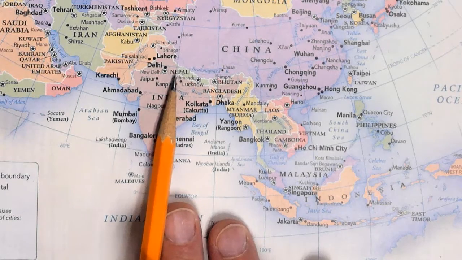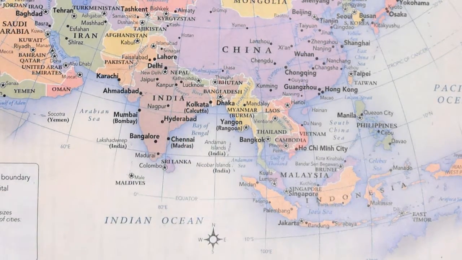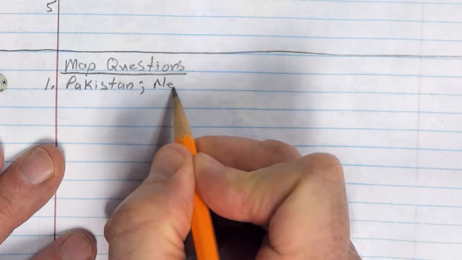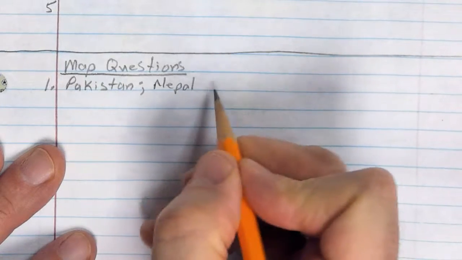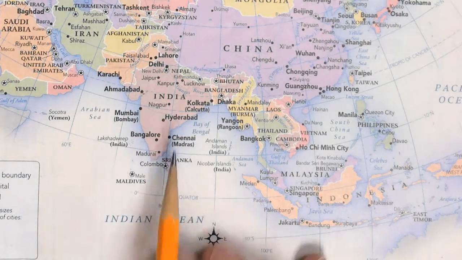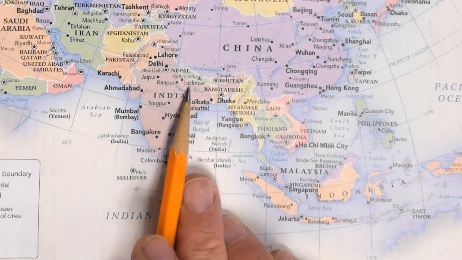Well, that country's name is, there it is in all caps, what is it? Nepal. So we go back to our answer sheet, and right after Pakistan, we write down Nepal. And semicolon. Okay, everybody see how I got Nepal? India, northeast, upper right.